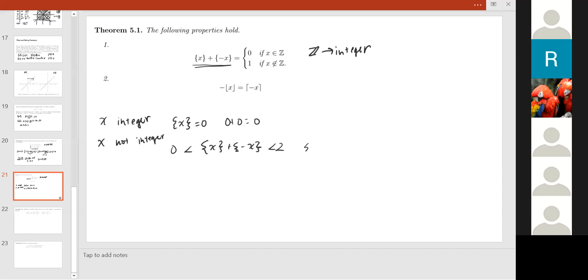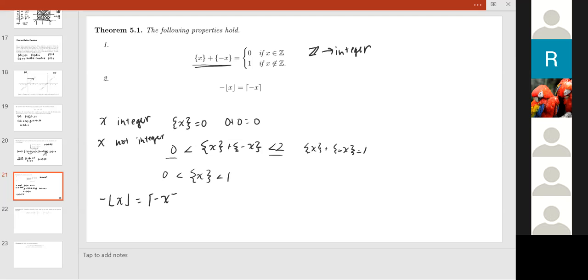This implies that the sum equals 1. We get this by noting that for all real numbers we have this, but since x is not an integer, it would be strictly greater than 0.